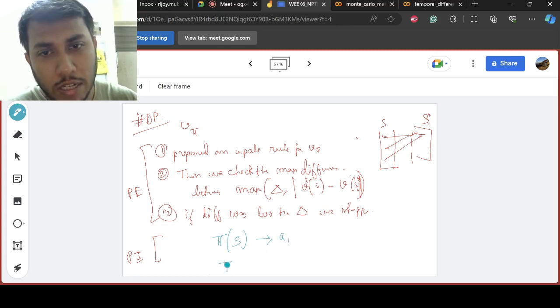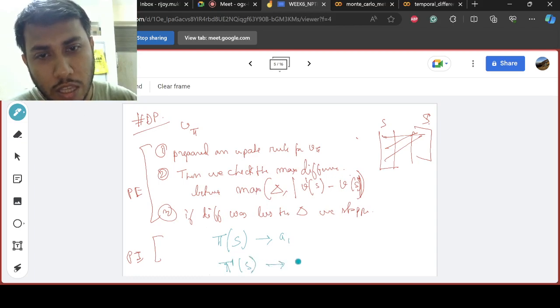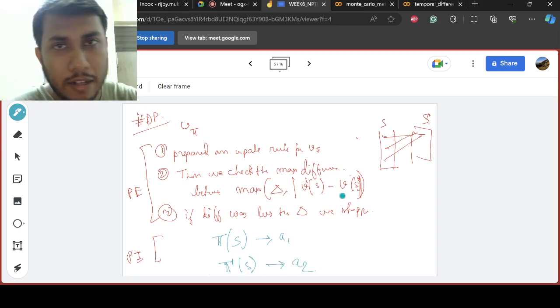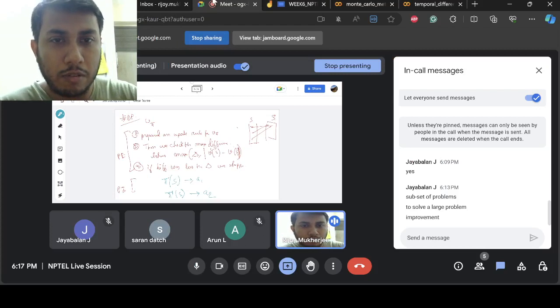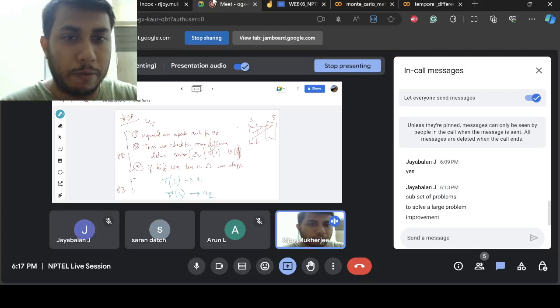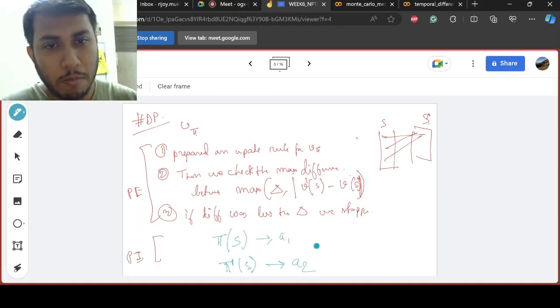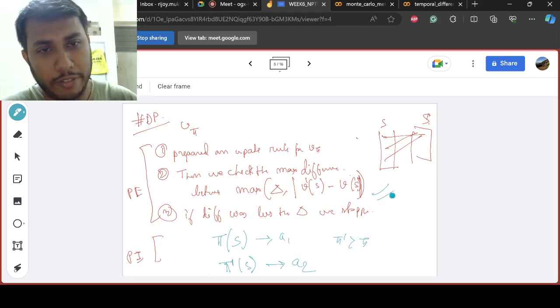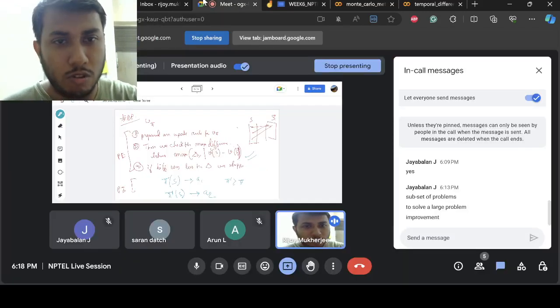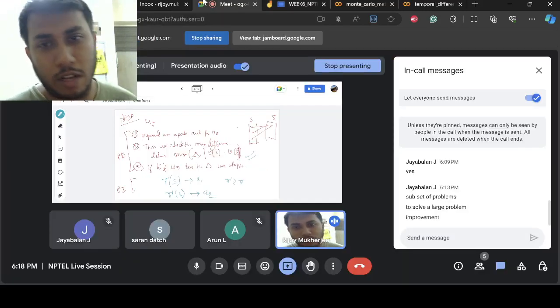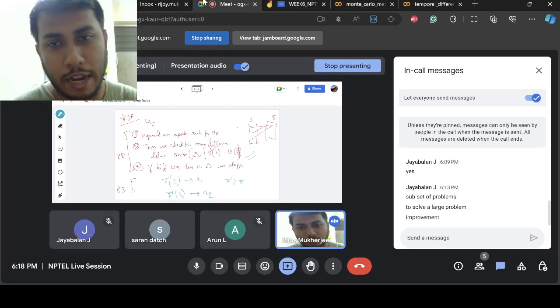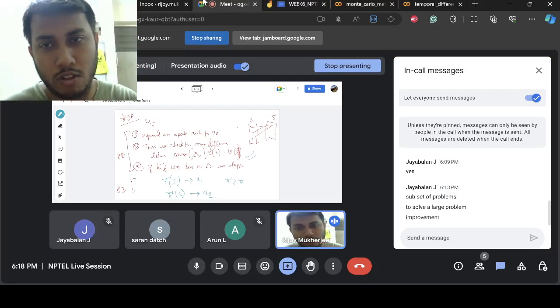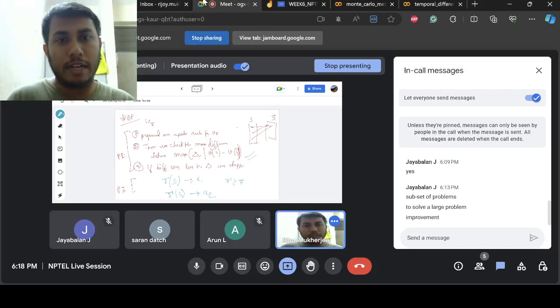Now the new policy, that is pi dash S, is choosing A2, right? So now you will update the policy, because you know pi star is better than pi. You know pi star is better than pi because you have already done that, right? So what you used to do, you used to update the policy that okay, from now onwards at state S I will choose A2. So that is your policy improvement, right?